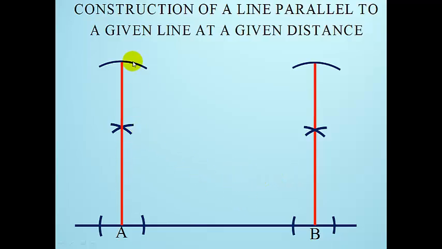Now, after drawing the straight lines, you draw a straight line from this point to this point, and you name the points of intersection P and Q. Now, the line PQ is parallel to the line AB.